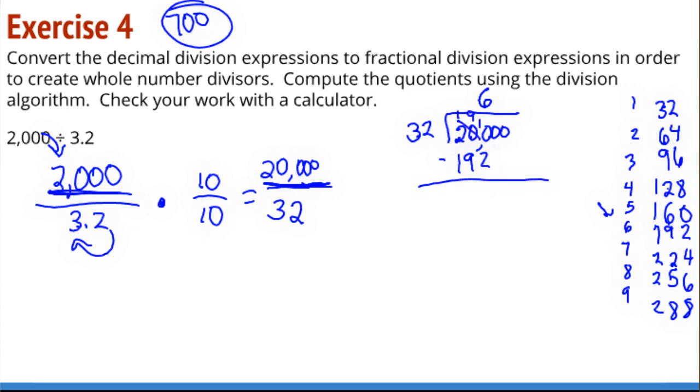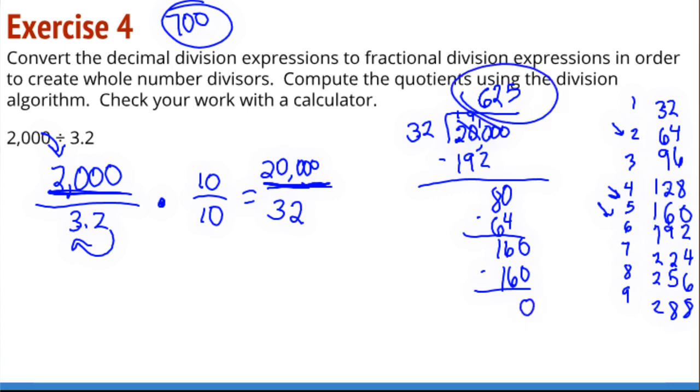I've got 8 hundreds left over, so I'll turn those into tens, so I've got 80 tens, and 2. So 2 times 32 gives me 64 tens, and I've got 16 tens left over, and I'll turn those into ones. So I've got 161s left, and I see a 5 here, and that divides my 161s, and so I have 625. My estimated quotient was 700. I'm in the ballpark.